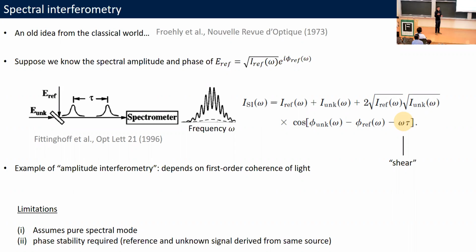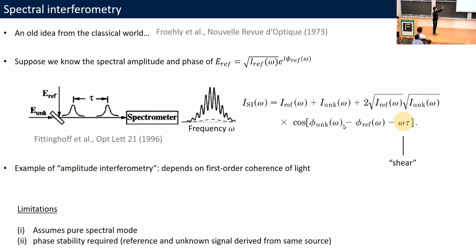So if we have this resource, we can just combine it with our unknown pulse on a beam splitter, and then measure the spectrum of one of the outputs of the beam splitter. And what we'll see is an interferogram, which is given by this expression here. And you'll notice that the interference term here depends on both the spectral intensity and the spectral phase of the unknown and reference pulses.